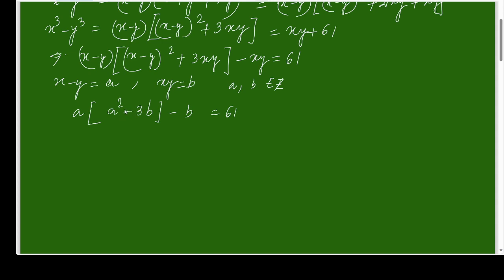I made a mistake earlier. On multiplying, I'll get a cube plus 3ab minus b is equal to 61.